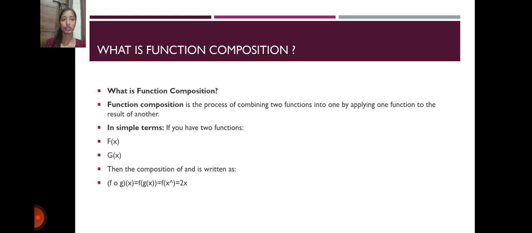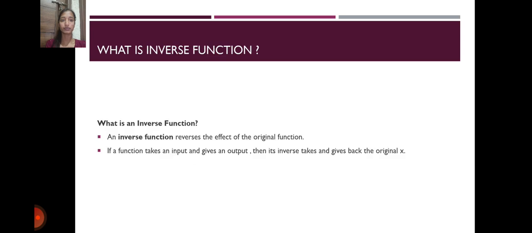What is function composition? Function composition is a process of combining two functions into one by applying one function to the result of another. If you have two functions f(x) and g(x), then the combination is written as f(g(x)).